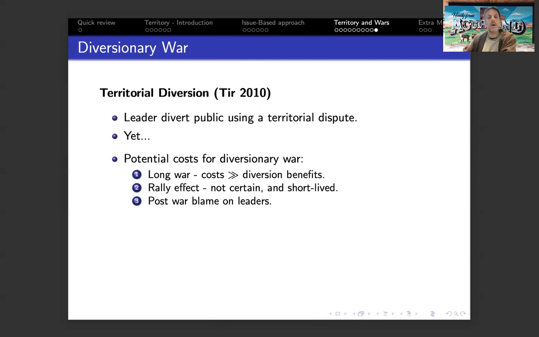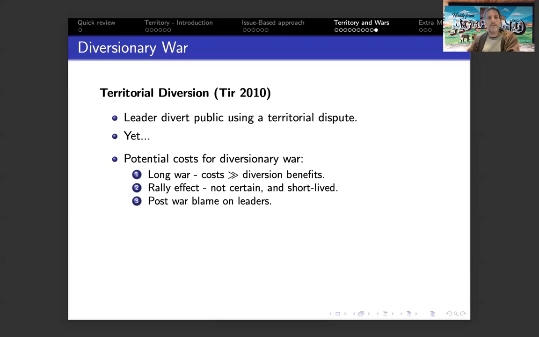If you remember when I talked about audience cost, I mentioned this belligerence cost aspect, that some people oppose the use of force in the international system because it does not fit their attitude. So some people will oppose going into conflict, especially in order to divert attention away from domestic problems.